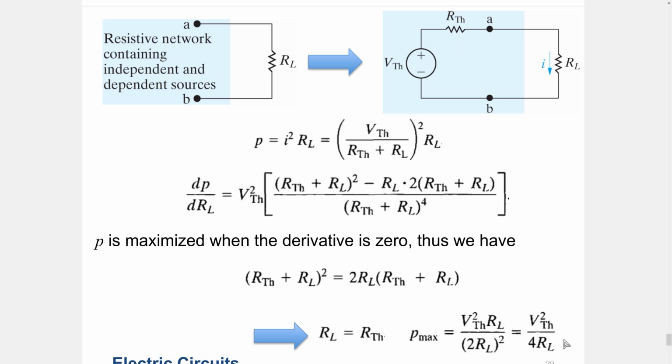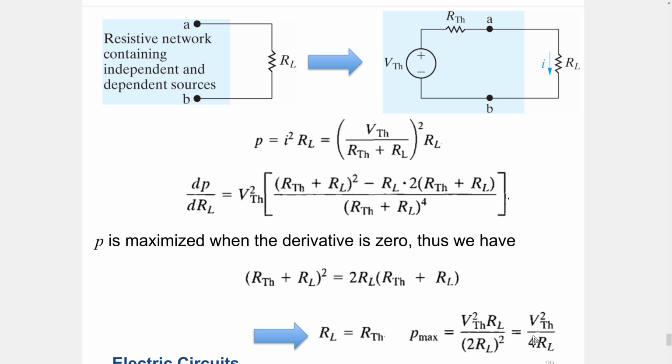This is the maximum power you can deliver to a load in this kind of scenario. This is the best thing you can do, okay? And we want to achieve this because if we are not able to deliver this, the excessive power lost is basically due to heating and other means.